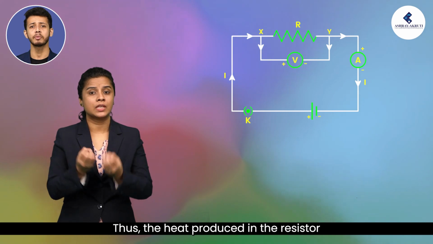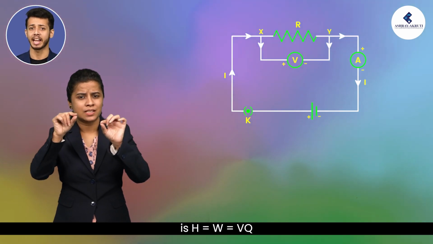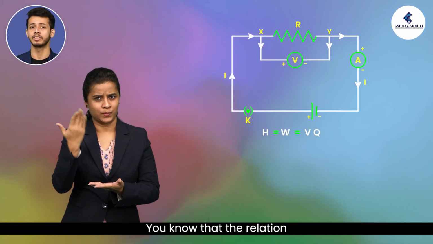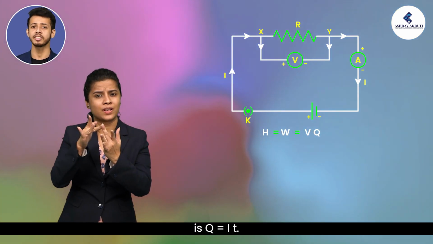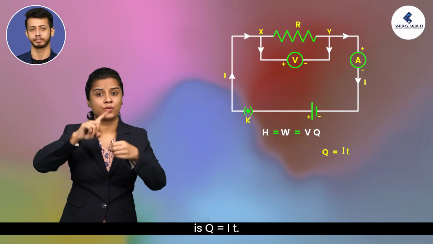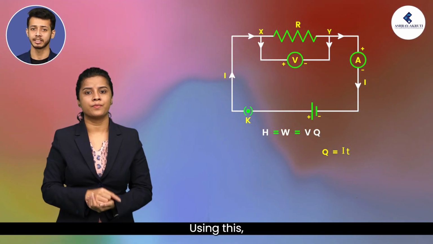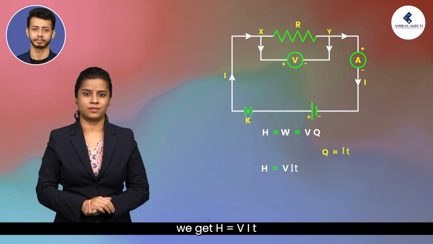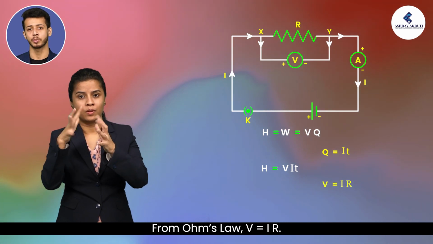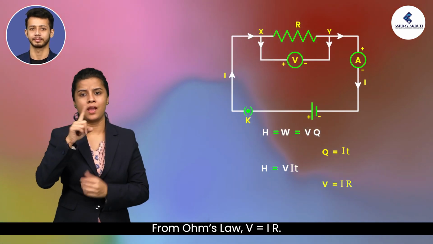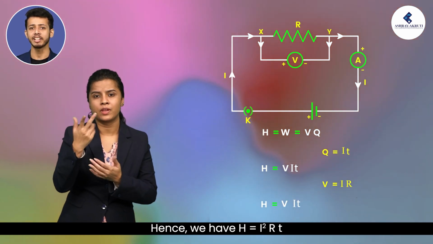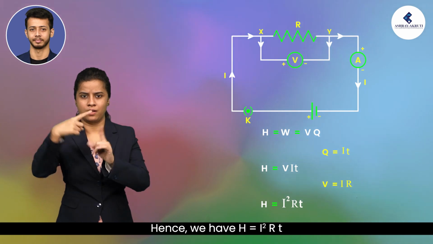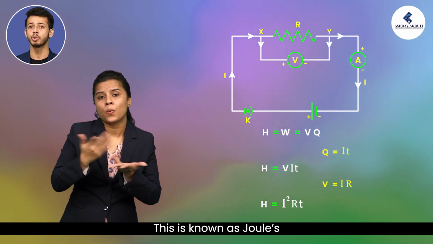Thus, the heat produced in the resistor is H equals W equals VQ. You know that the relation between the charge and current is Q equals It. Using this, we get H equals VIt. From Ohm's law, V equals IR. Hence, we have H equals I squared Rt. This is known as Joule's law of heating.